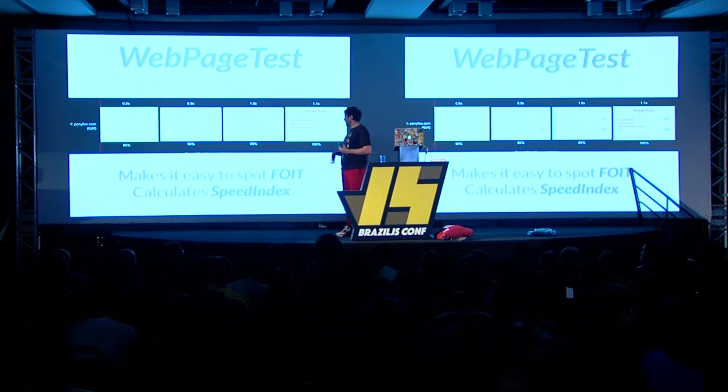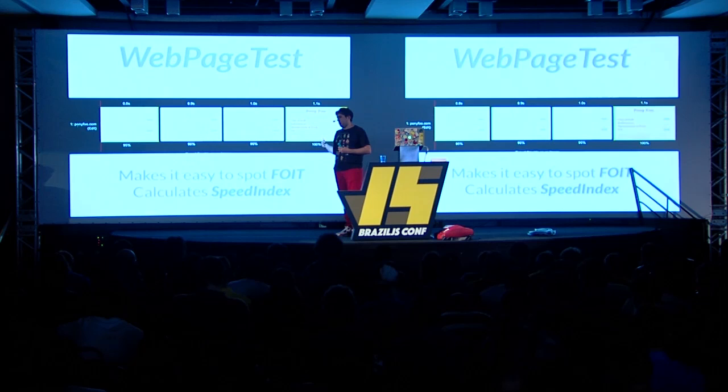So with this, you can really easily spot issues like flashes of invisible text. This can happen when you are loading custom fonts synchronously. The way you fix that, as we will explore later on, is you just load them asynchronously and use web fonts in the meantime as it loads.